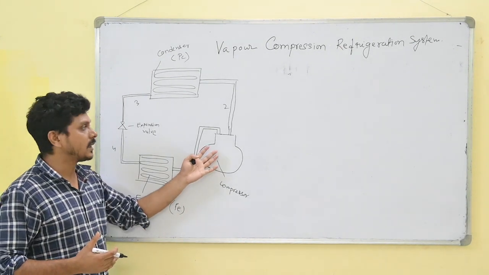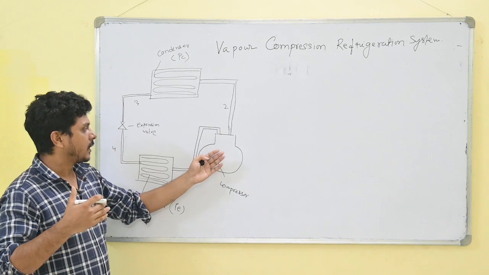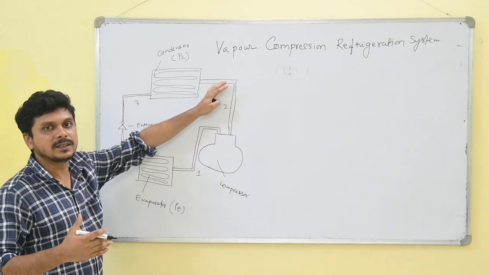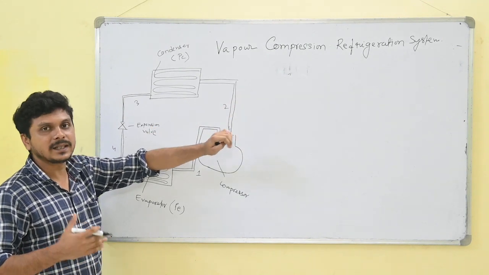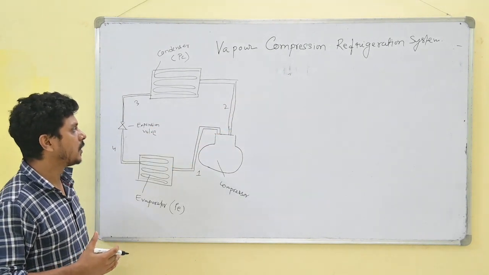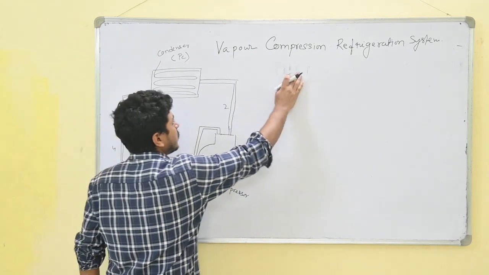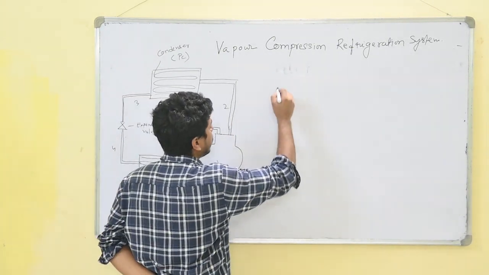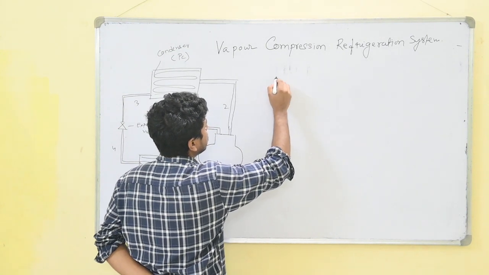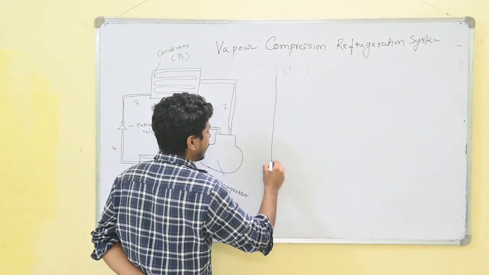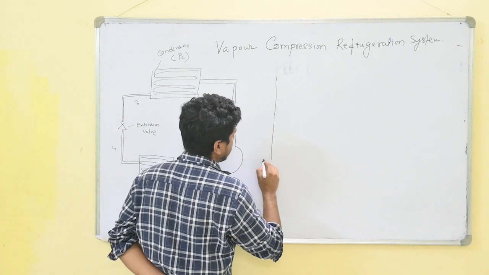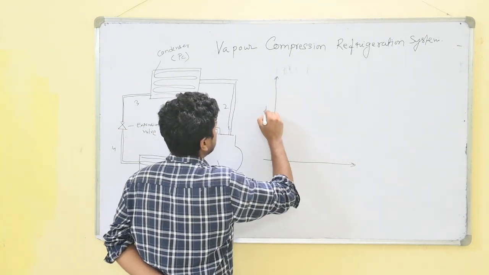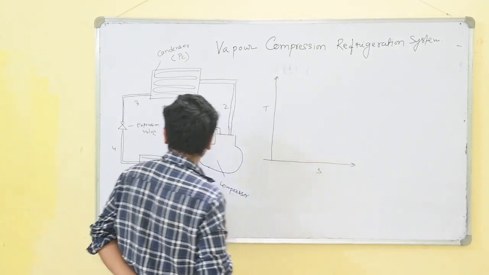I also discuss the coefficient of performance of the vapor compression refrigeration system using the TS and pH diagram. At first we draw the TS diagram, that means the temperature and entropy diagram.